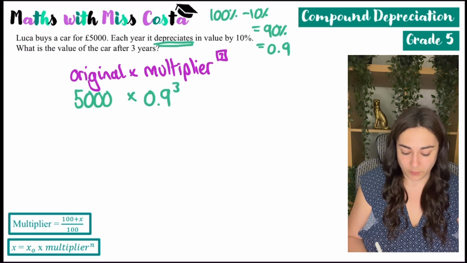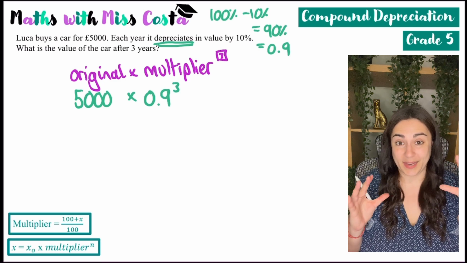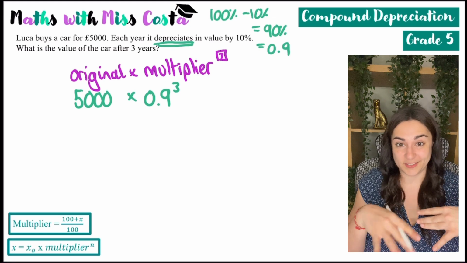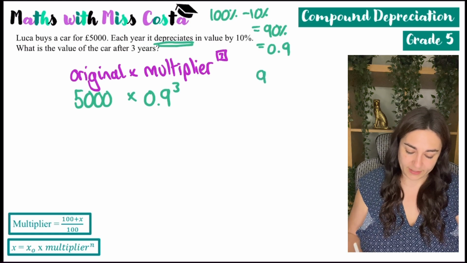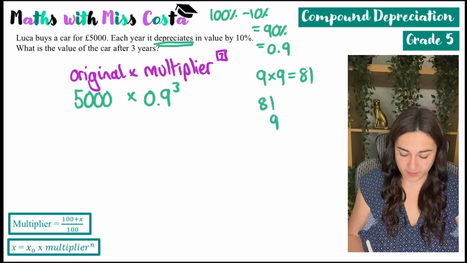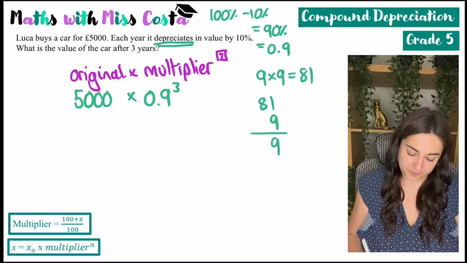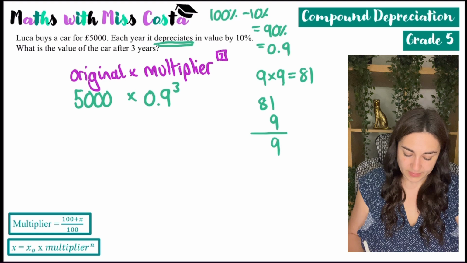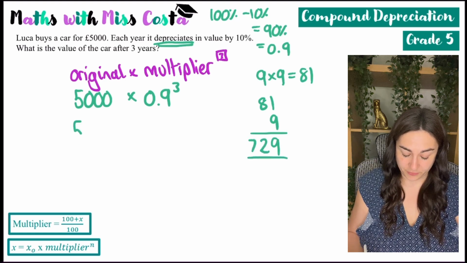So I'd do times 0.9 cubed. So you can do it the other way, but I'm just going to show you another way just so that you have all options. So 0.9 cubed, well, what's 9 cubed? 9 times 9 is 81, and then 81 times by 9. 9 times 1 is 9. 9 times 8 is 72. So that's 729.